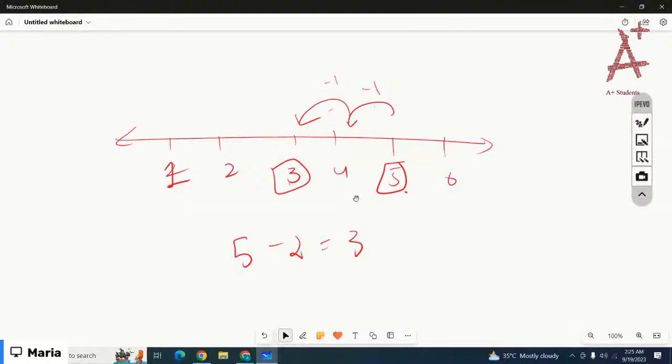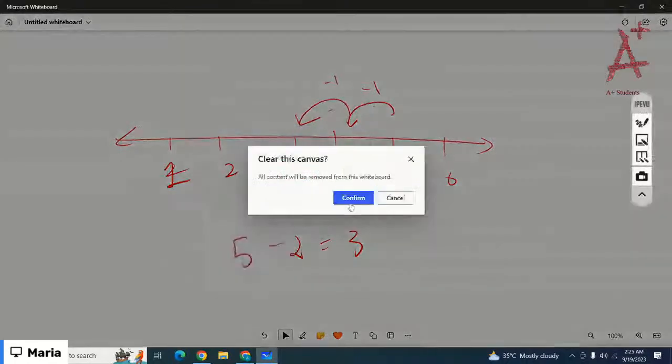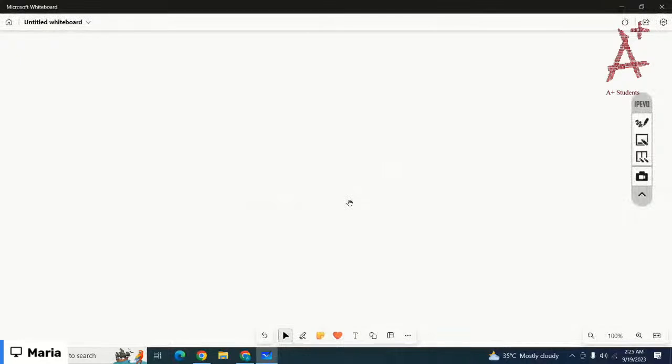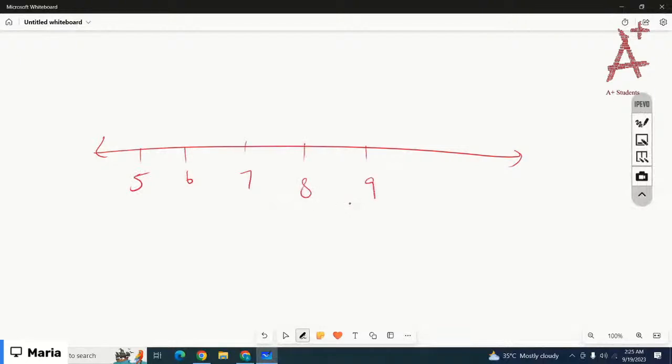Let's do another example. Okay, so for example, you have the number line like this: 5, 6, 7, 8, 9. You start from here, then you go back 1, 2, 3, right?